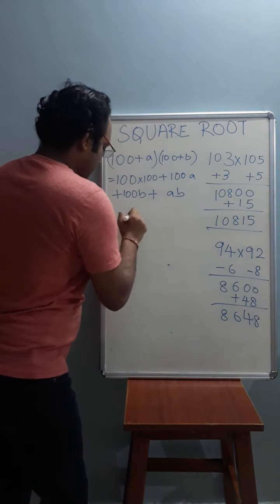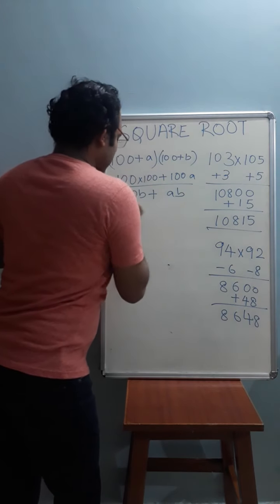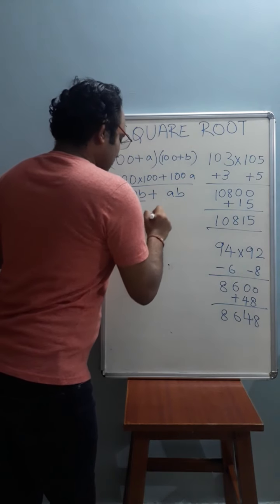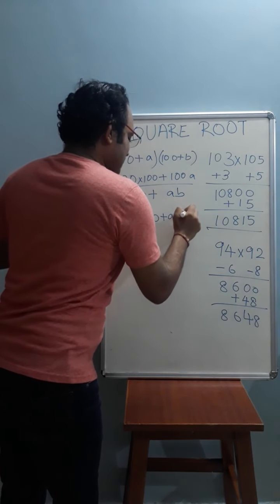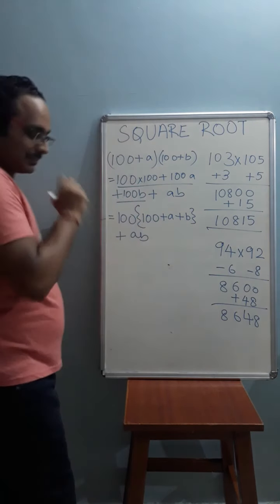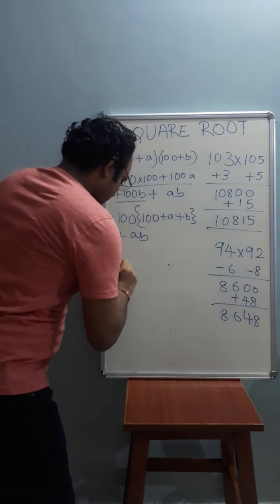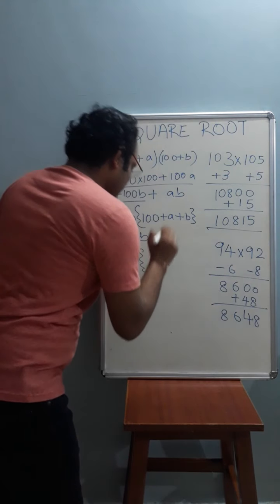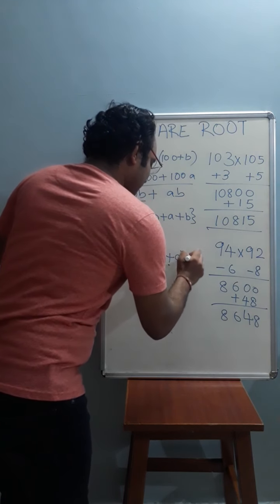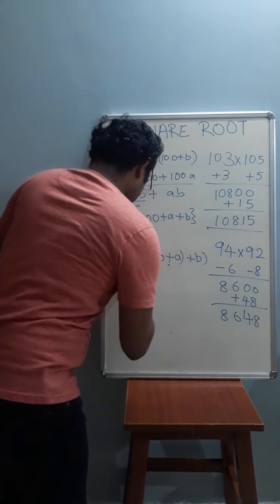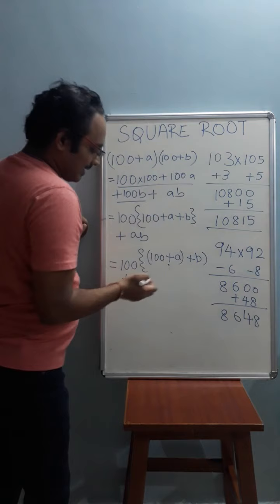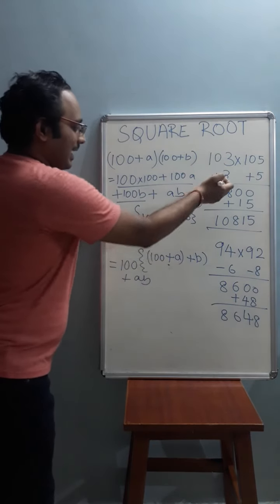Now, I will take 100 common in these three terms. This would be 100 into 100 plus A plus B, plus AB. This is 100 into, I will group, 100 plus A plus B, plus AB. In this case, 100 plus A is 103, where A is 3.